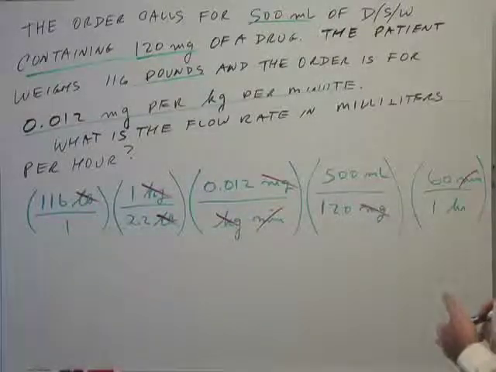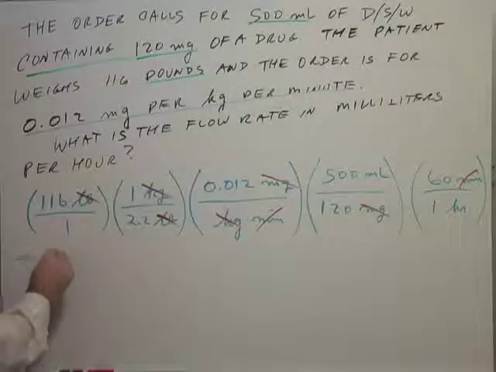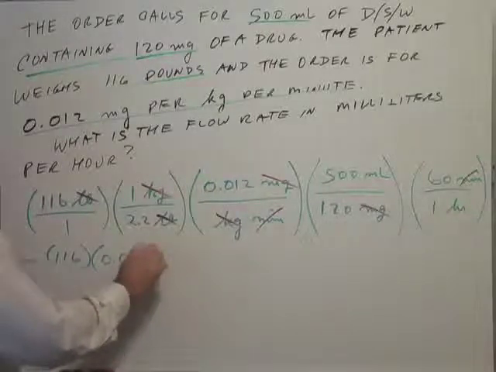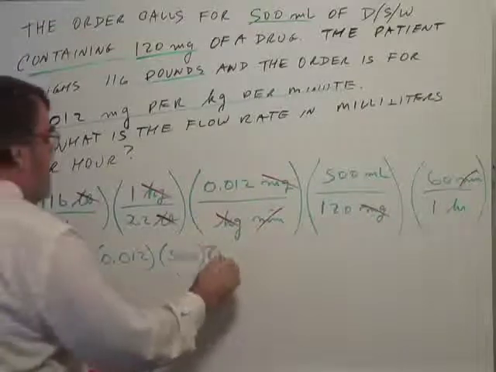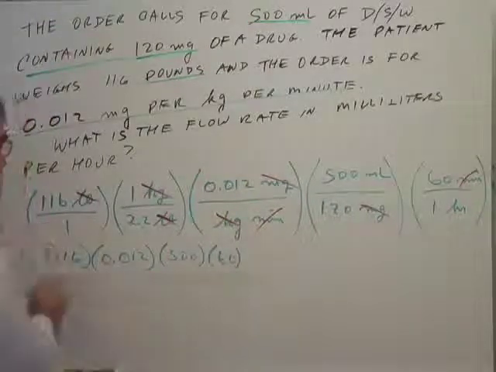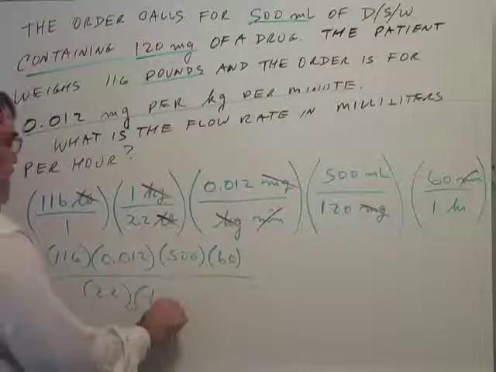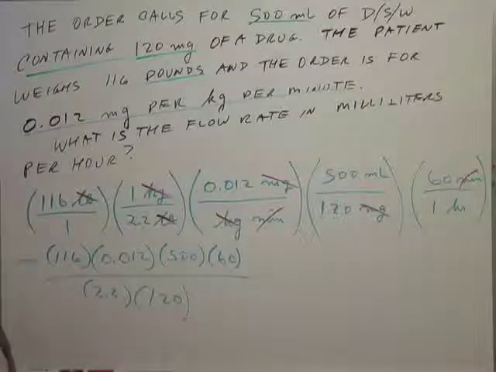Alright, so we have kind of a long calculation here. Let's see what we got. We have 116 times 0.012 times 500 times 60 over 2.2 times 120. And there are only about 1,000 ways to do this problem.